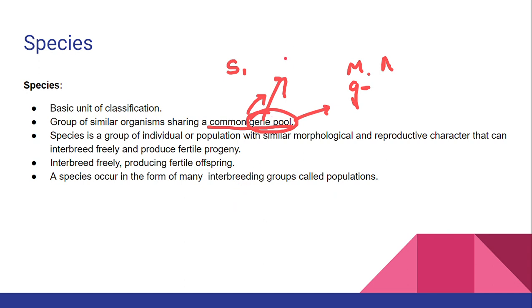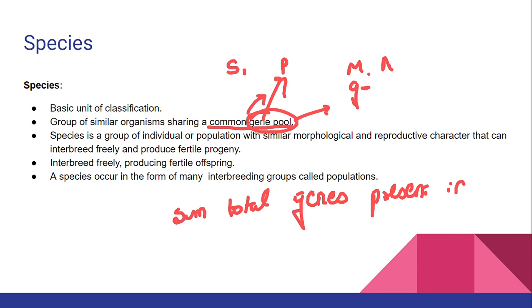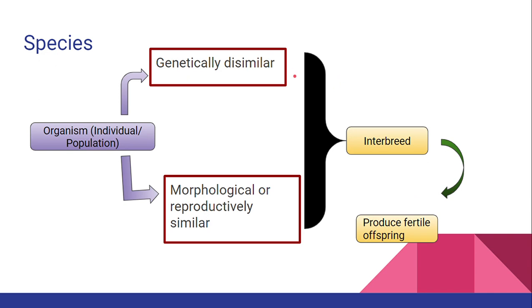A segment of DNA which is going to produce protein, right? So gene pool is nothing but the sum total of genes present in a population.